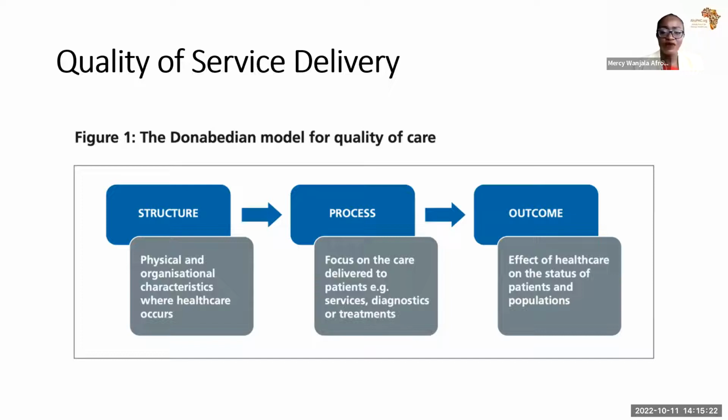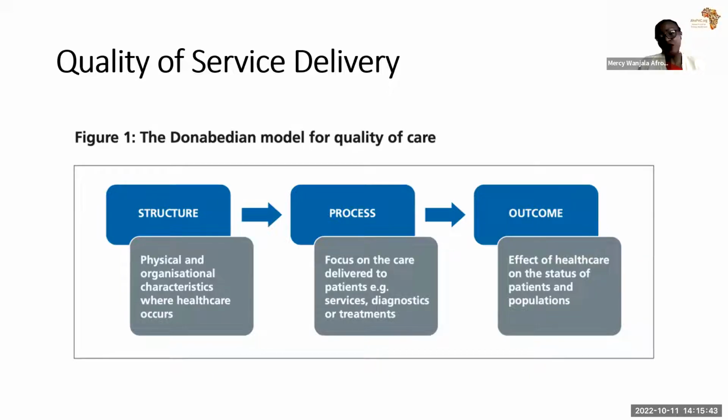This model basically looks at quality of service delivery from three perspectives. One, what is the structure that you have, that is in terms of physical and organizational characteristics where healthcare occurs. This has to do with buildings, for example, geographical access, how you have designed your building, and all that.